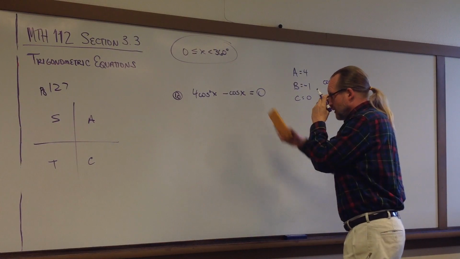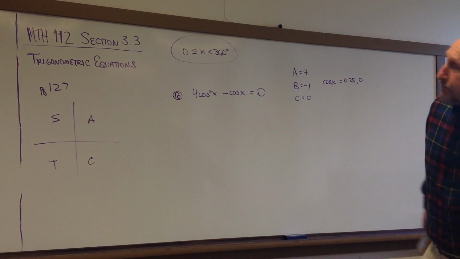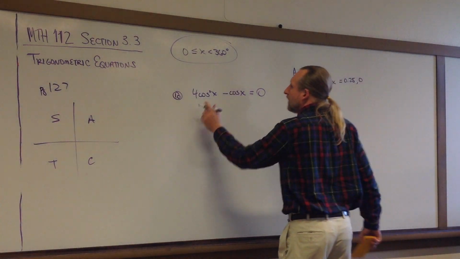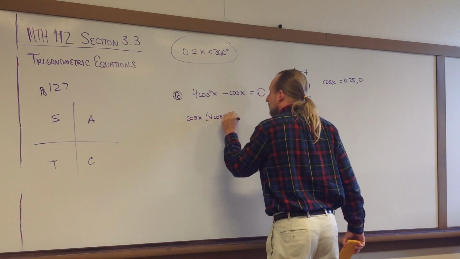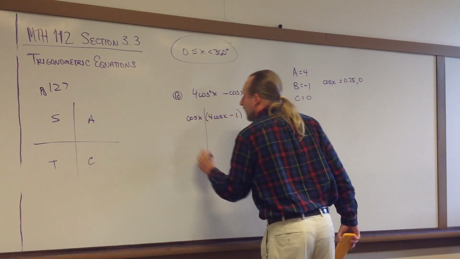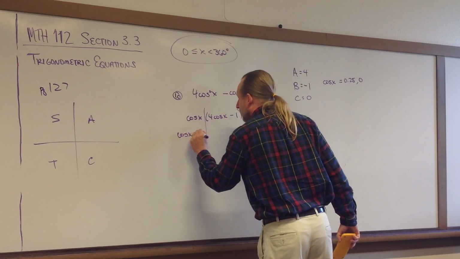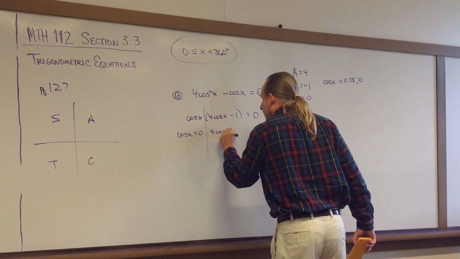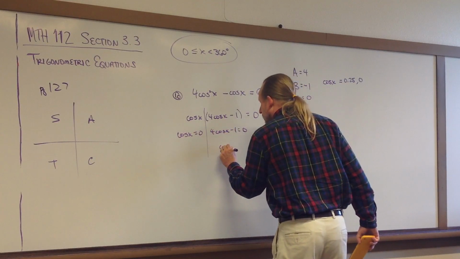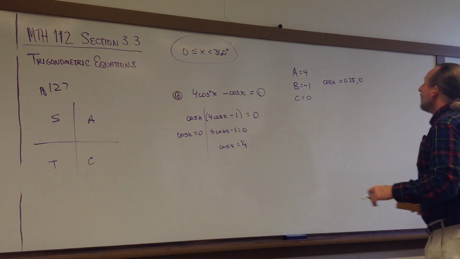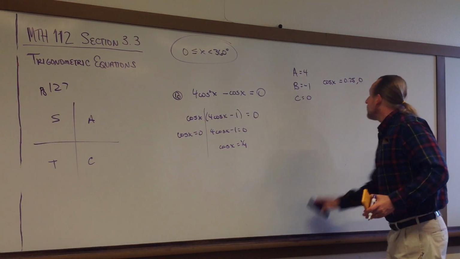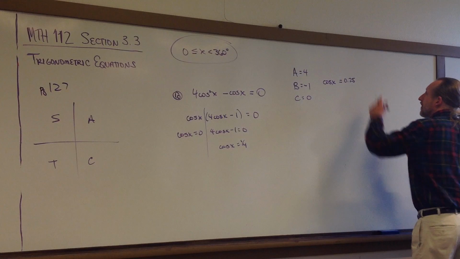Okay? You can do this one by factoring as well, right? If you factor out a cosine from both these terms, then you'll get cosine x times 4 cosine x minus 1. This one will say cosine x equals 0, and this one will say cosine x equals 1/4, and that's what we've got up here. Okay, so we've got two equations to solve now.